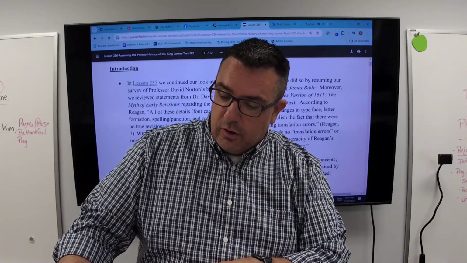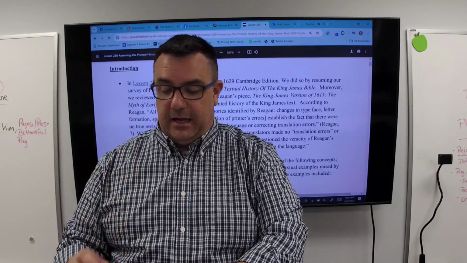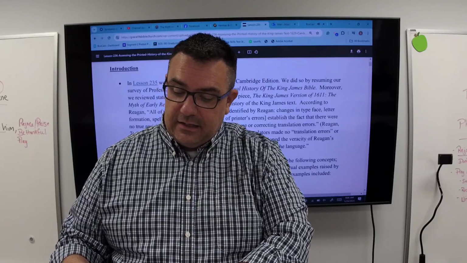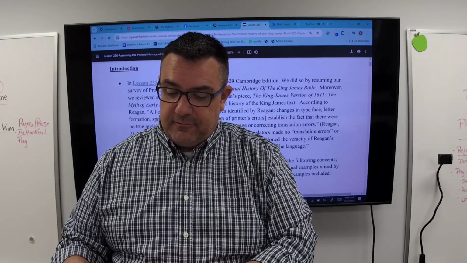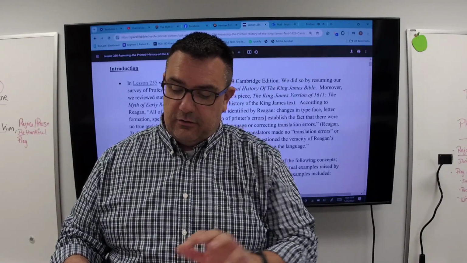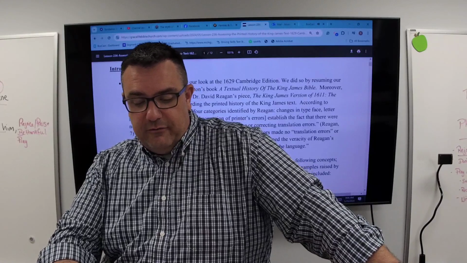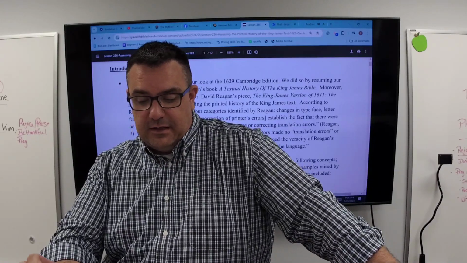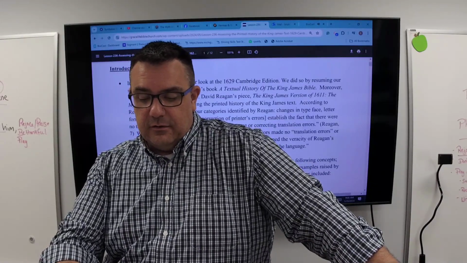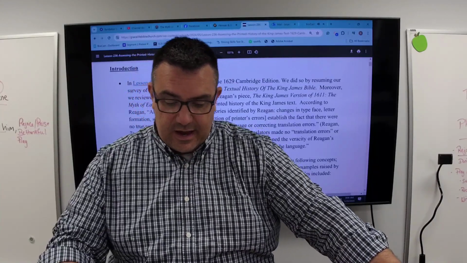According to Reagan, quote, all of these details, and he's referring to four categories: changes in typeface, letter formation, spelling/punctuation, and correction of printer errors, established the fact that there were no true revisions in the sense of updating the language or correcting translation errors. That's from Reagan, page 7.